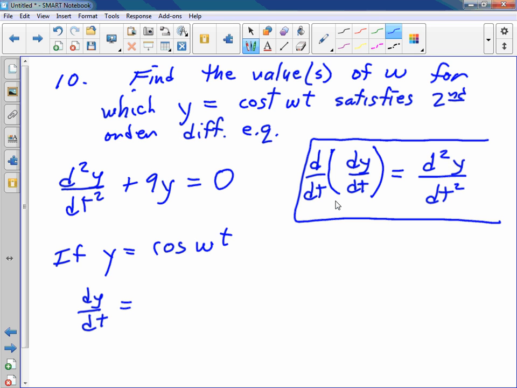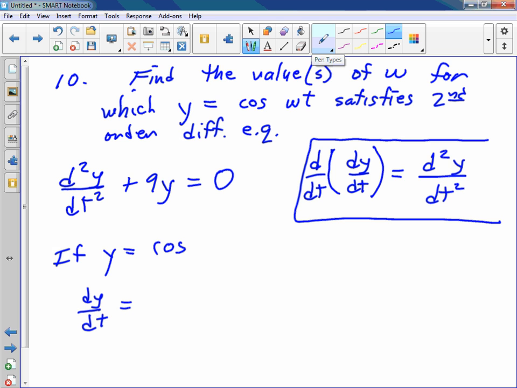Well, double check. Am I right on that? Look at number 10. Which one's right? Okay, so good. I want to clarify that. So it's cosine omega t. Okay, thank you.